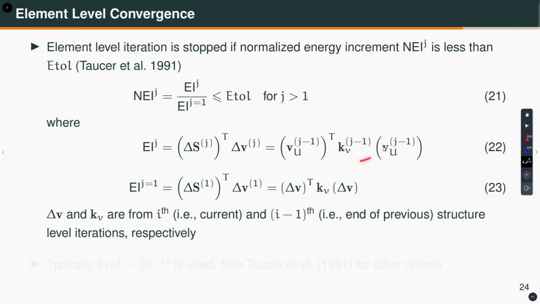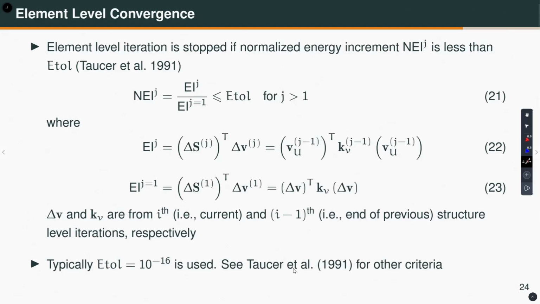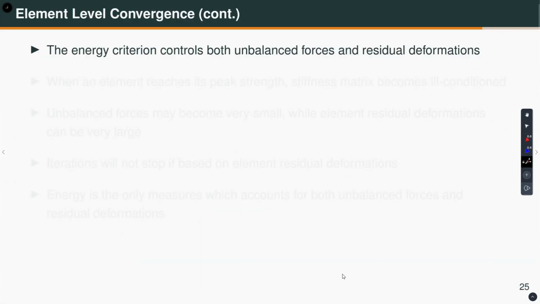Then Eij is for the first step where j is equal to 1, and again this can be calculated like that. Okay. Delta v is from the ith iteration and kv is from the i minus 1th iteration at the structural level. Typically, ETOL can be taken as 10 raised to the power minus 16. So, you can see this report for more information on other criteria that can be used.